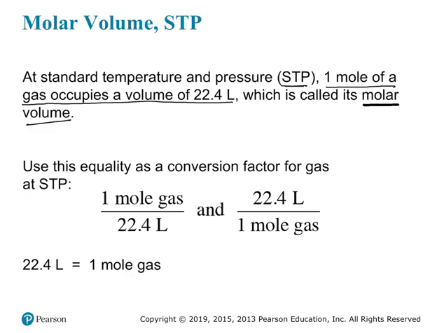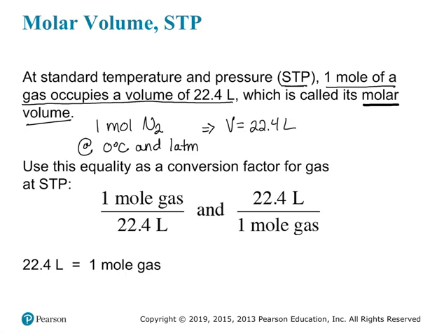So what this is saying is if you have, let's say, nitrogen gas, so 1 mole of N2 at 0 degrees Celsius and 1 atmosphere, that is going to have a volume equal to 22.4 liters.